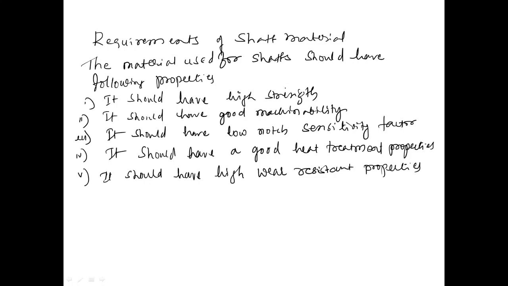But if it is mounted in a journal, wearing of the shaft will take place because of the friction between the journal lubricant and the shaft material. So these are the requirements of a shaft material.